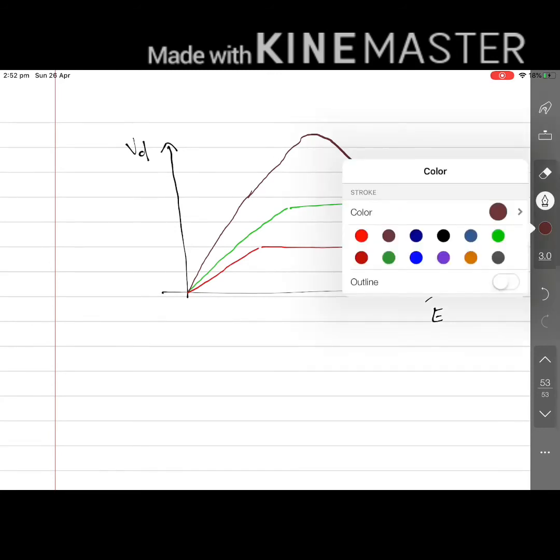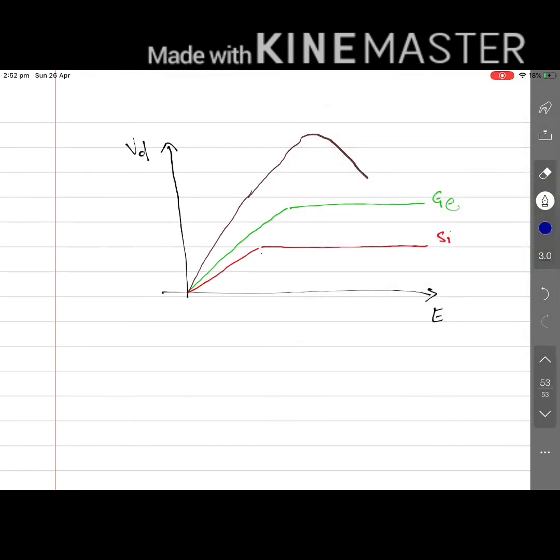So here you can see that this is the point till which it is increasing, say, linearly, and after that it gets saturated.